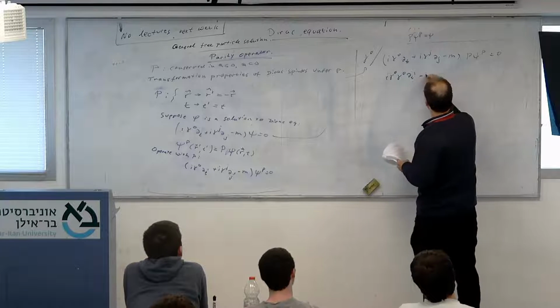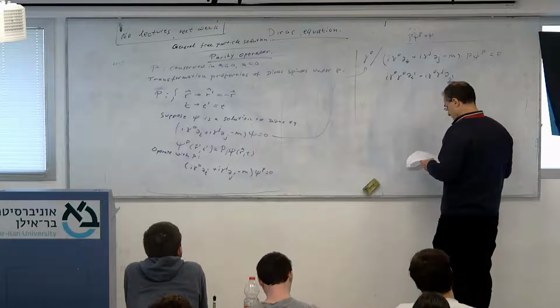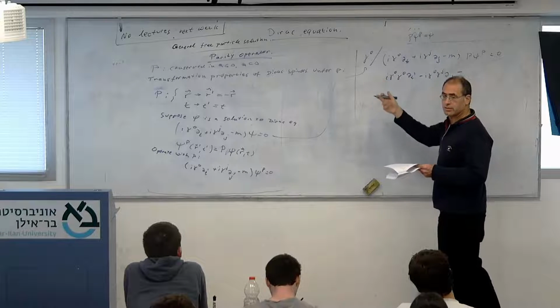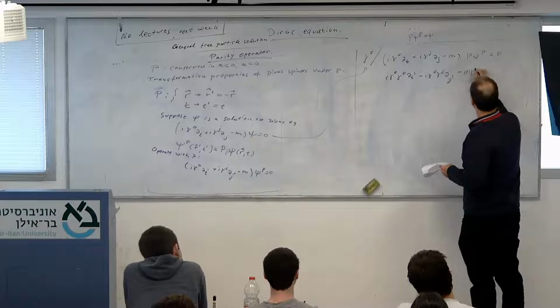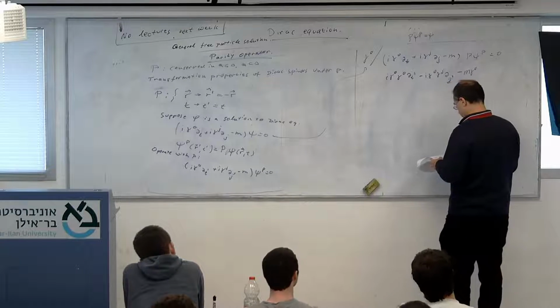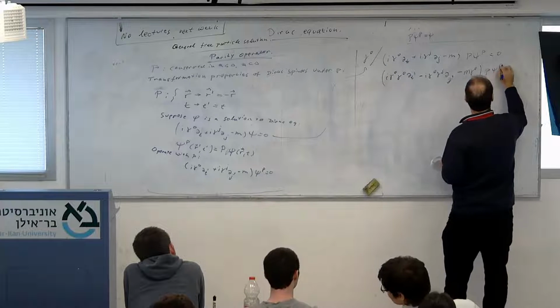So I have a minus i gamma 0 gamma j dj prime. Minus m is a scalar, so I can commute it with the gamma 0, so minus m gamma 0, p psi p is equal to 0.